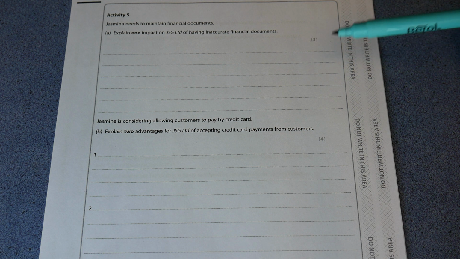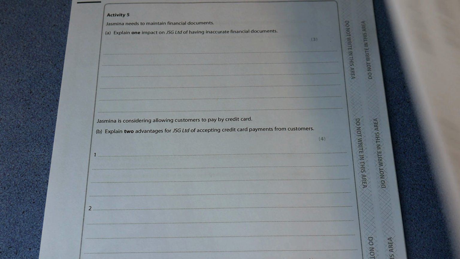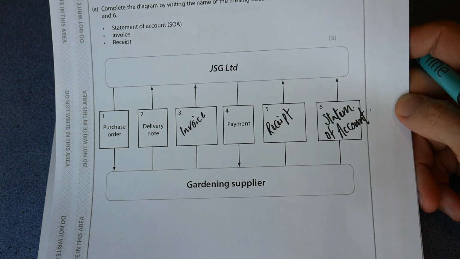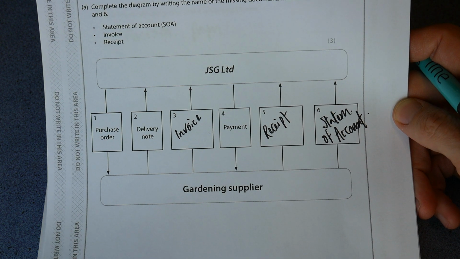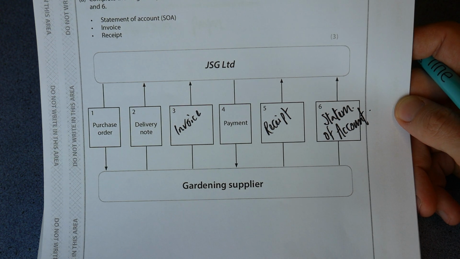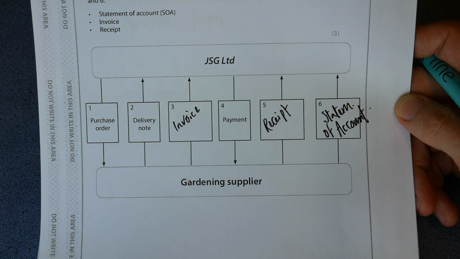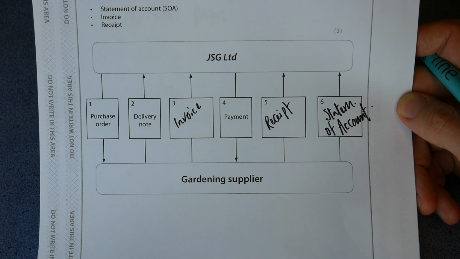So well, if we come back to a little earlier in the paper, you'll remember we looked at a question which was asking us to identify these different sort of financial documents here. Now, in doing this, you can then identify something like the invoice. Now, imagine that she's sending out invoices to her customers and she's sending them out for the incorrect amounts, or they're not going out.